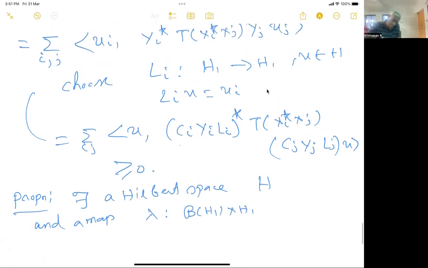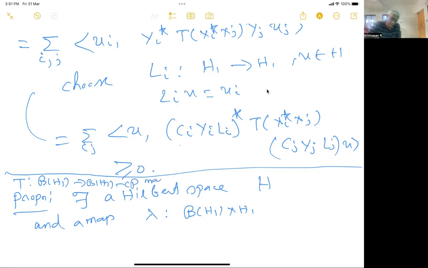A priori we have to assume T is a CP map. Into this H. We are making this a Hilbert space, not Hilbert space, pre-Hilbert space. Well, it will be dense, but we will make it a total subset basically. That's what the GNS will do.